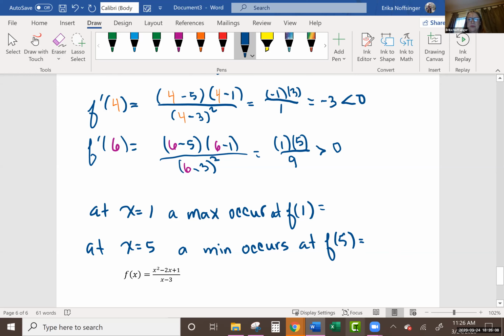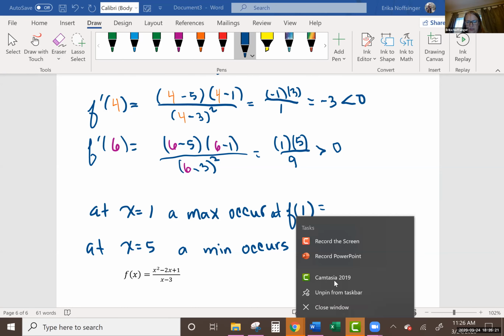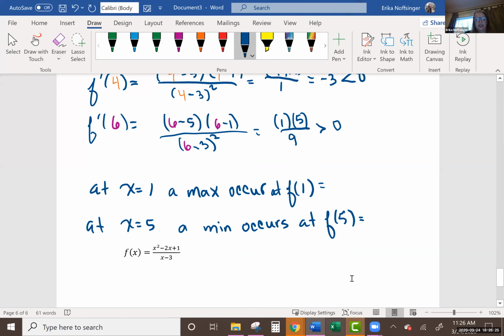Can you guys still see my screen? Yeah. Okay. Let me turn off that Camtasia. Sorry. Okay, I can't figure it out right now. It might pop up in a second though.